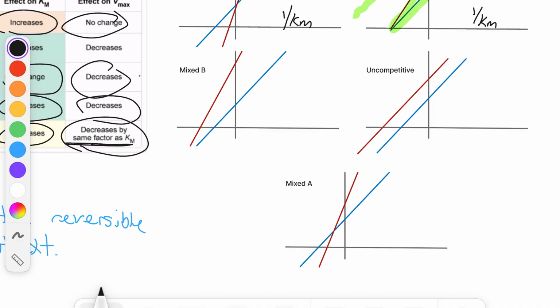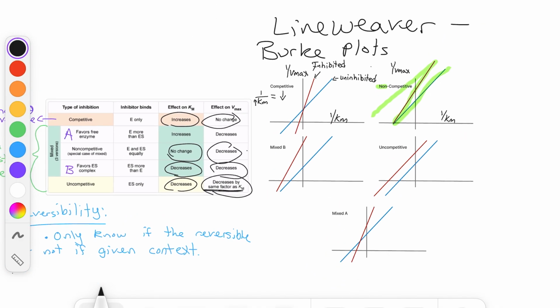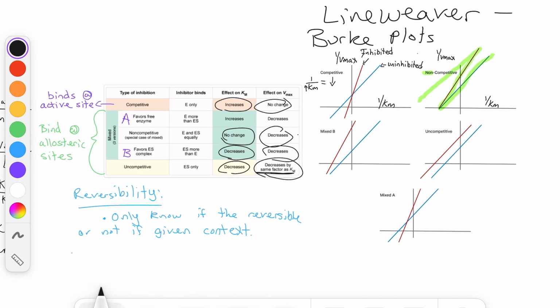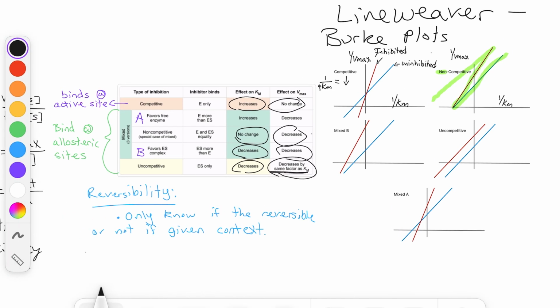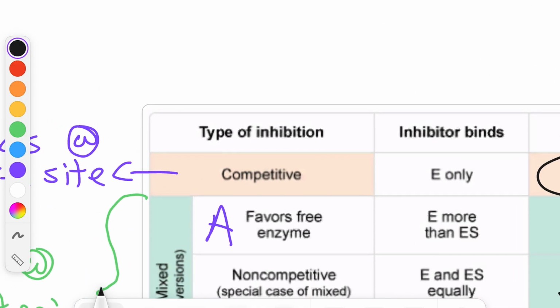Okay, so just to reiterate this, I know this was a lot with Lineweaver-Burk plots, but we need to memorize every single characteristic, and they'll present us with a lot of information. Another thing about competitive that they might present to us, they might say, okay, the substrate looks like this triangle shape. And then they might not tell us anything else about an inhibitor.